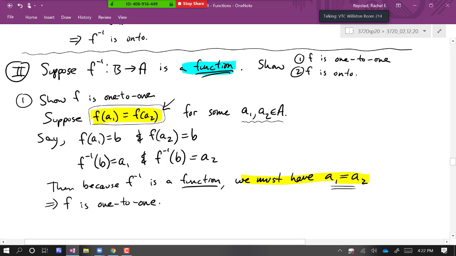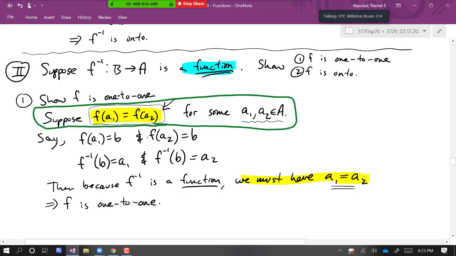Because for a relation, anything goes. There's no restrictions. There's nothing wrong with having B mapped to all the elements of A if it's just a relation. But because it's a function, that's what allows us to say that A1 is equal to A2. We start out by saying, this is our what if.